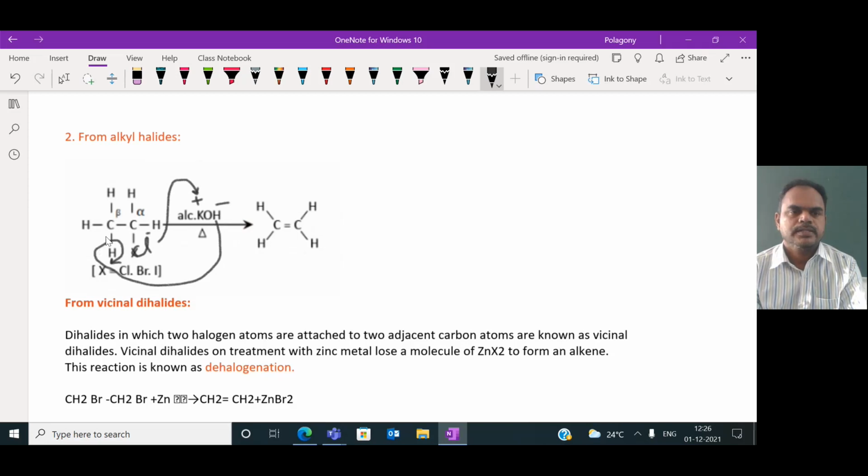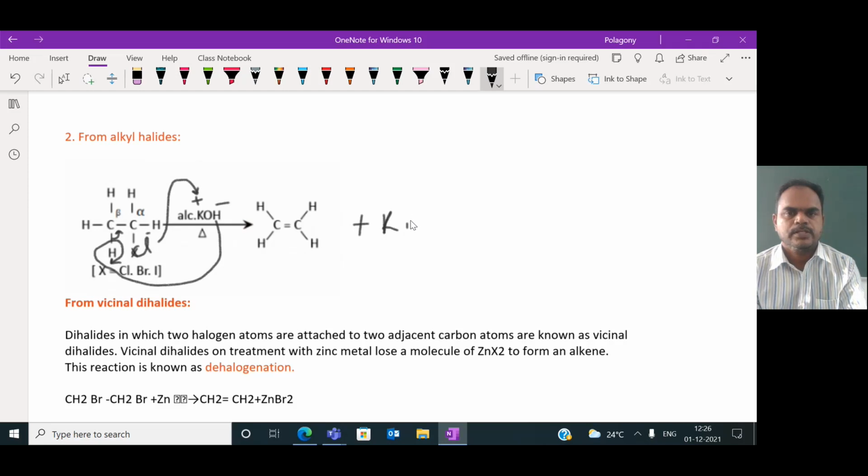The sigma bond present here is converted into a double bond due to the hyperconjugation phenomenon. Then the halogen is removed and combined with potassium, and we get the byproduct potassium chloride.